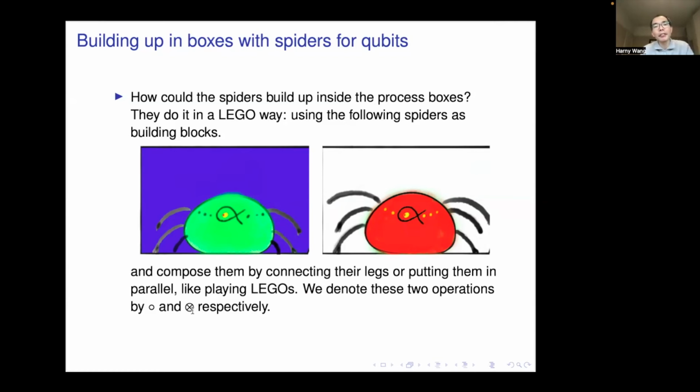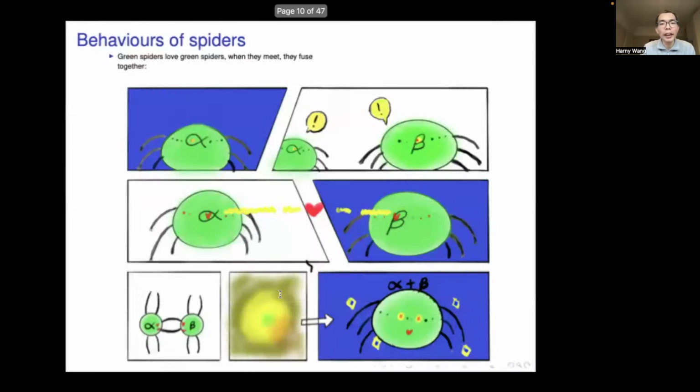For these spiders, these two compositions are very easy. The sequential composition just means you connect the legs of spiders. The parallel composition is also very easy as before. You just put them in parallel.